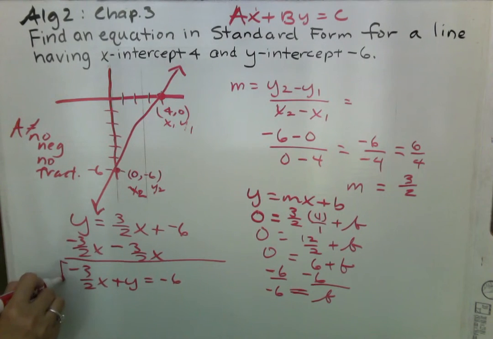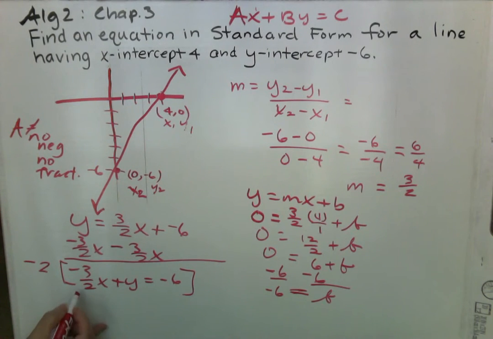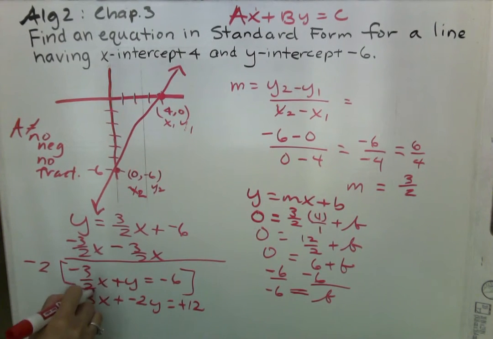So in order to fix that, we're just going to multiply everything by a negative to get rid of that negative, and by a 2, so we get rid of the 2. So make sure you distribute all the way across, and we're going to end up with 3x plus -2y equals +12.